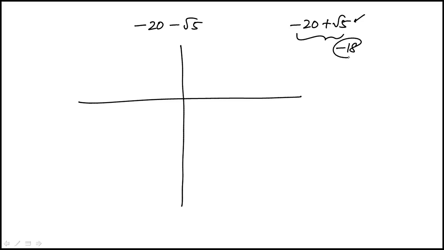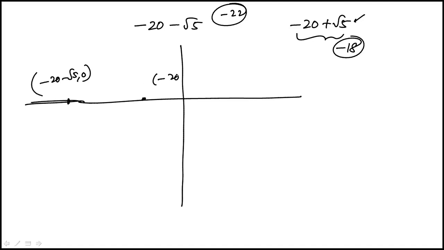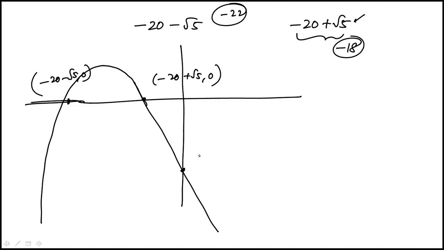So it's about minus 18 and about minus 22. If we had to draw this roughly, minus 20 minus root 5, 0 is here, and here it's minus 20 plus root 5, 0. And then the parabola might look something like that. And this point we found earlier is (0, minus 395).